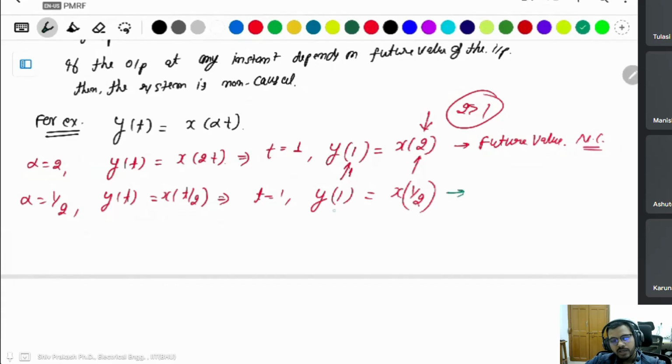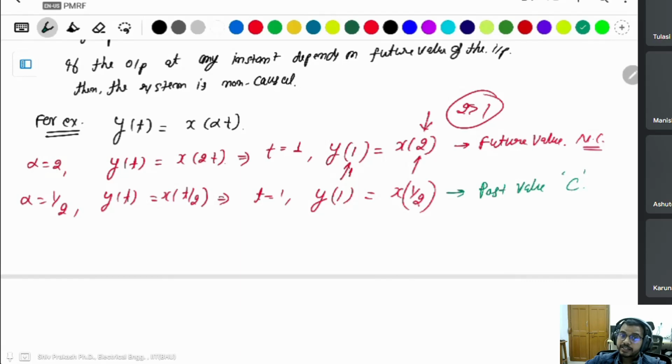You give y at t is equal to 1, but your system gives the output at t equal to half only. This is a past value. If only past and present values are used, then the system will be causal.